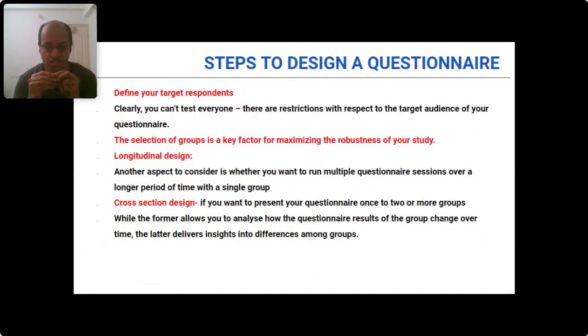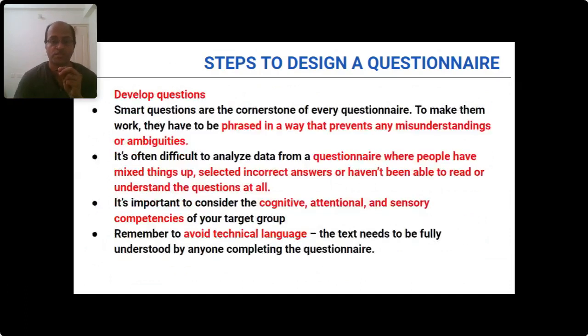So one helps you to understand over time how it behaves. The other helps you to understand at any given time how the behavior is. So you need to decide whether you want to do longitudinal design or cross-sectional design, and based on that you will go ahead and pursue it further.